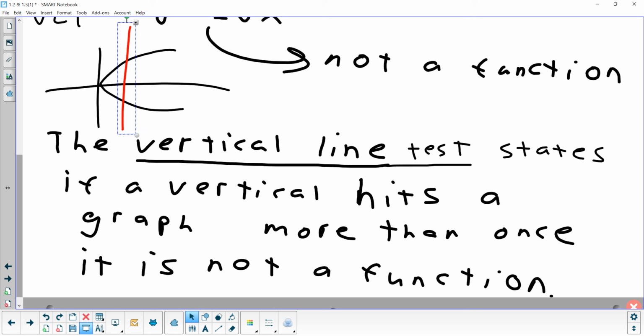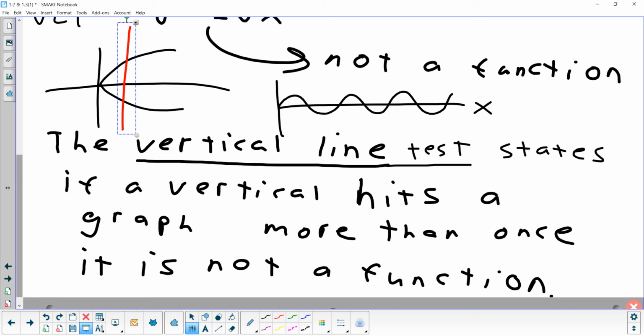This hits in two spots, so it's not a function. How about something like this? There's my x and y axis. Looking at that wave, is it a function or not a function?